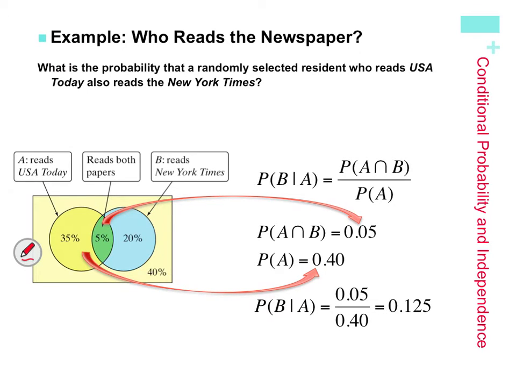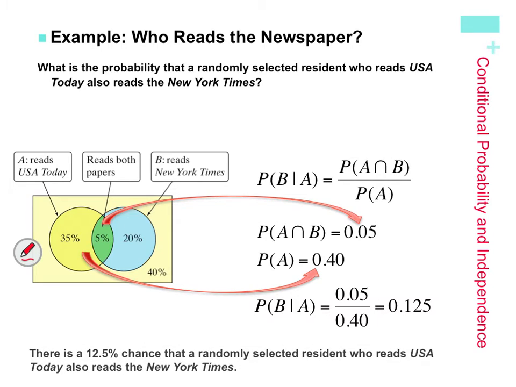So 0.05 over 0.4 is 0.125. So there is a 12.5% chance that a randomly selected resident who reads USA Today also reads the New York Times.